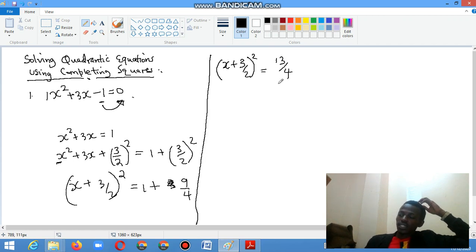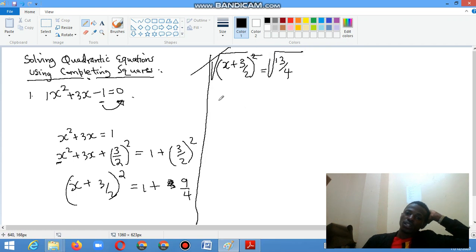When I get 13 over 4, I take the square root of both sides. That means the square and the square root cancel out on this side, and I remain with x plus 3 over 2. For a square root, it is very important to note that the result is either positive or negative.